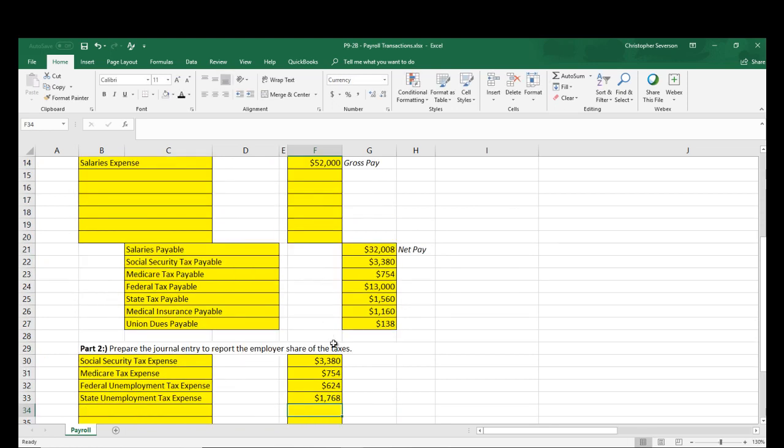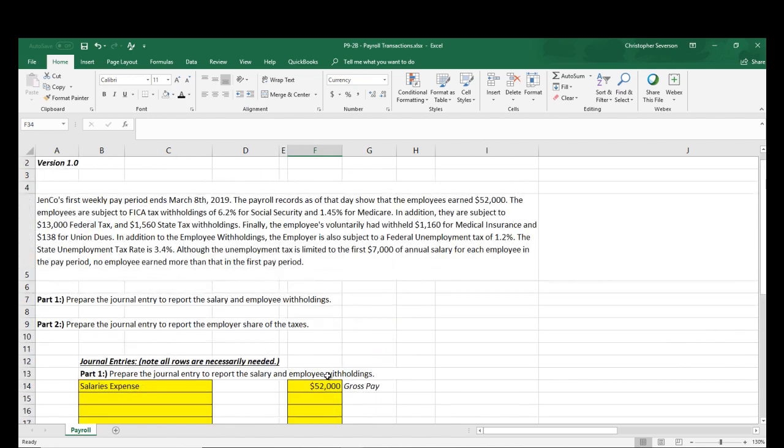Now, I do want to make a very clear point here. We have $52,000 in salaries expense or gross pay for all of our employees. They don't tell us exactly how many employees we have, but this $7,000 of annual salary is for each employee. So we said here that no employee has earned more than that in the first pay period.